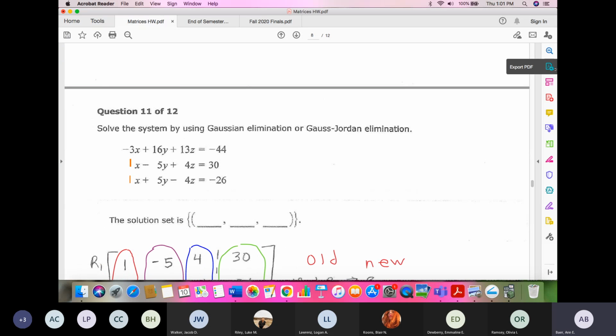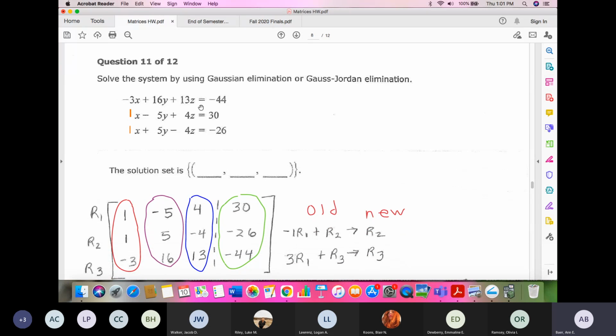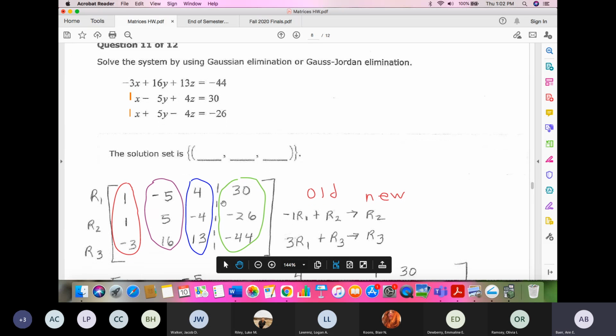So to avoid having to do so many row operations, it's probably a good idea to take one of these rows with the 1 in front of X, or the understood 1 in front of X, here and here. It's probably a good idea to take one of those rows and put it in first. It'll save you from having to do this. You'll have fewer matrices that you need to use in your process.